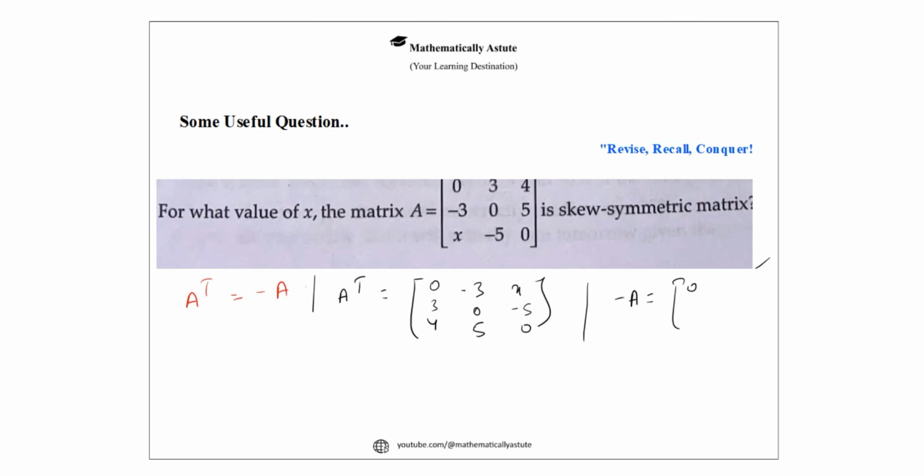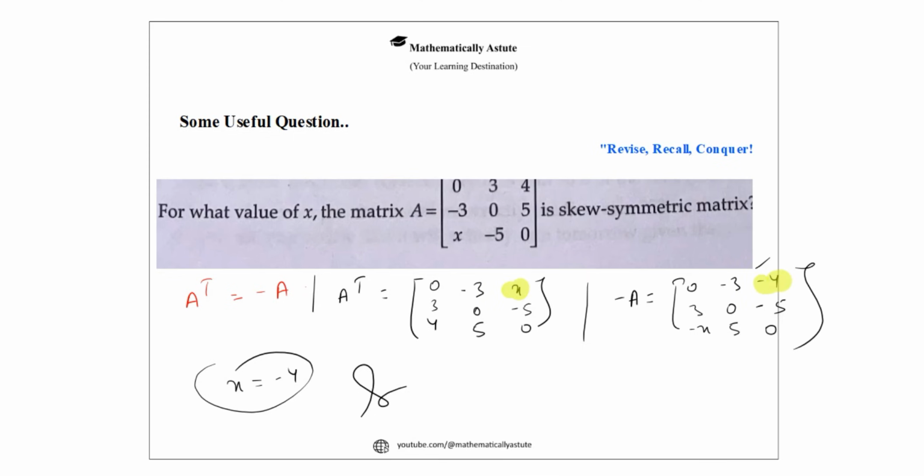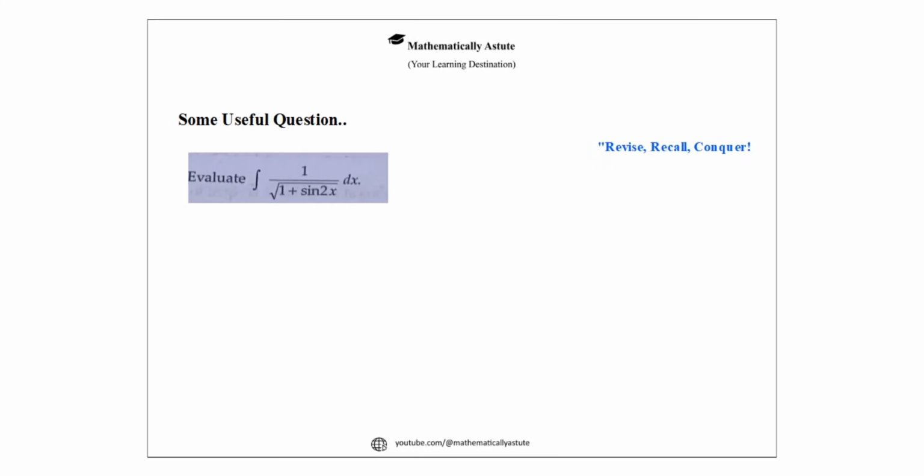We will get 0 minus 3 minus 4, 3 0 minus 5, minus x 5 and 0. Now on comparing these two matrices, we can say that x is equal to minus 4. Answer: x equals minus 4 by comparing the corresponding elements.